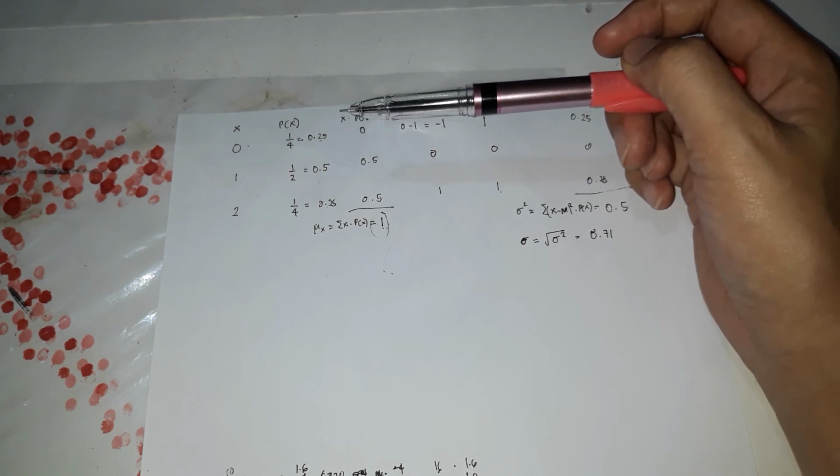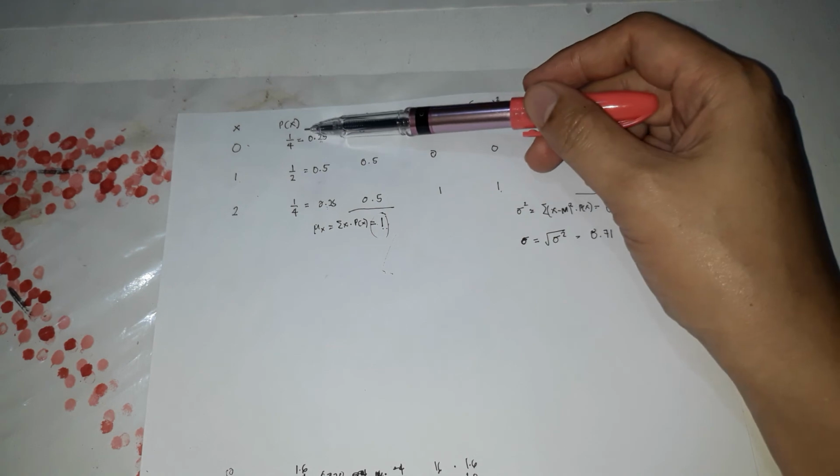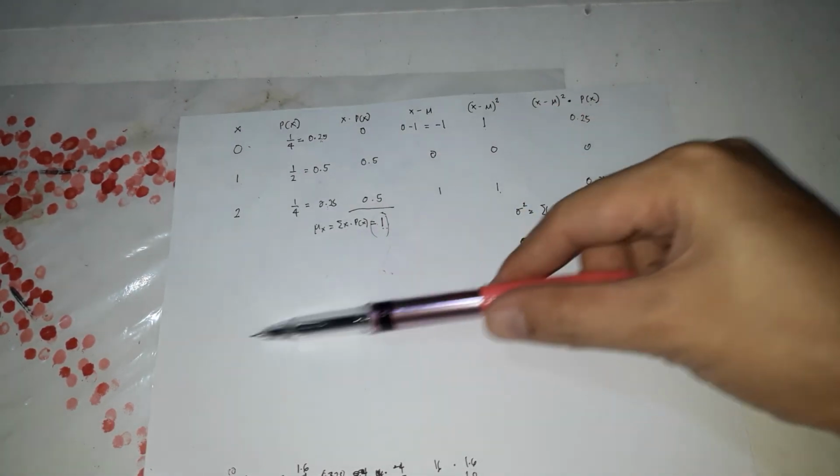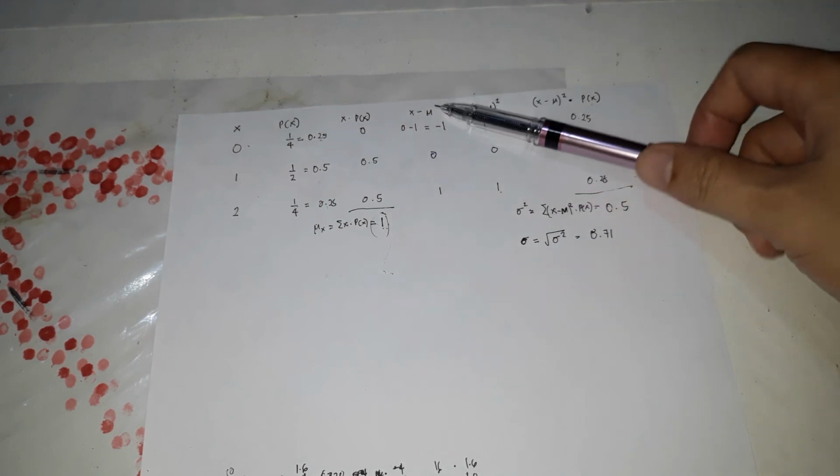If you get the average of all the x multiplied by the probability, the most expected outcome would be 1. It's usually also in the central tendency, found in the center.